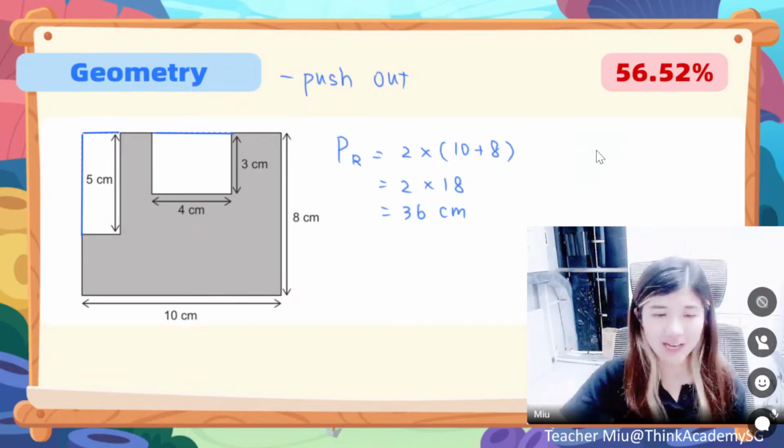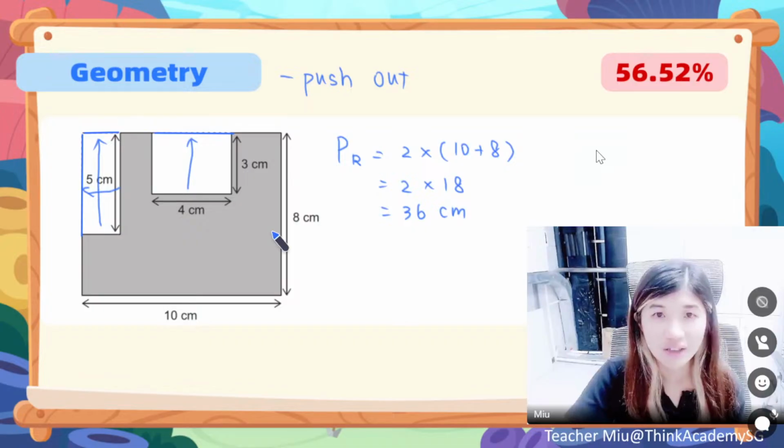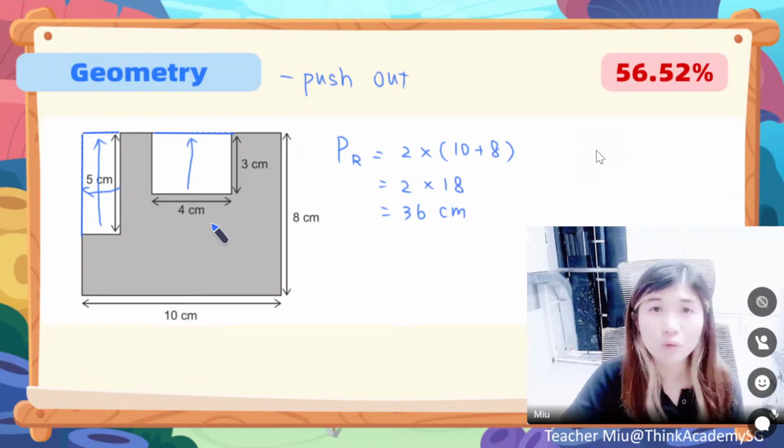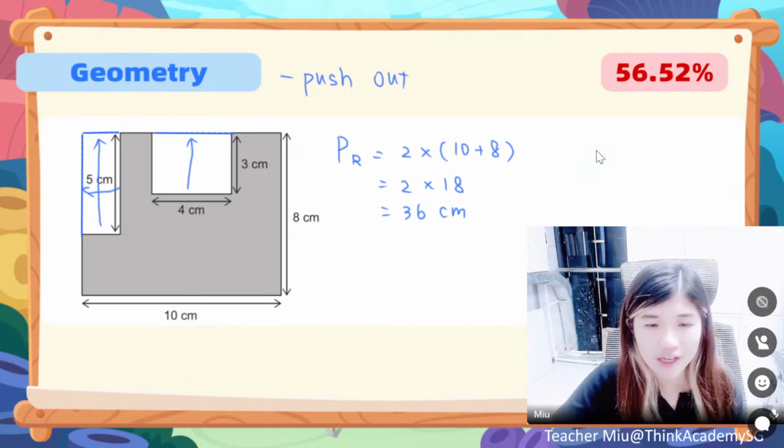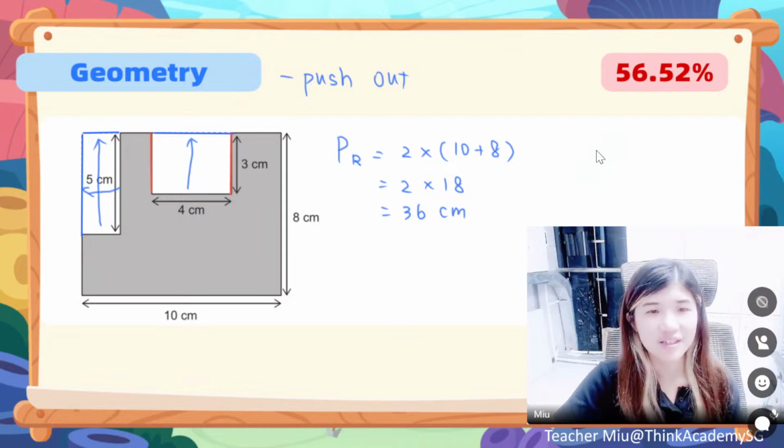Why not? It is because look at this one. When you push this out, push this out, push this out, is it complete now? You still have 2 more lines, here and here, which are 3 centimeters.